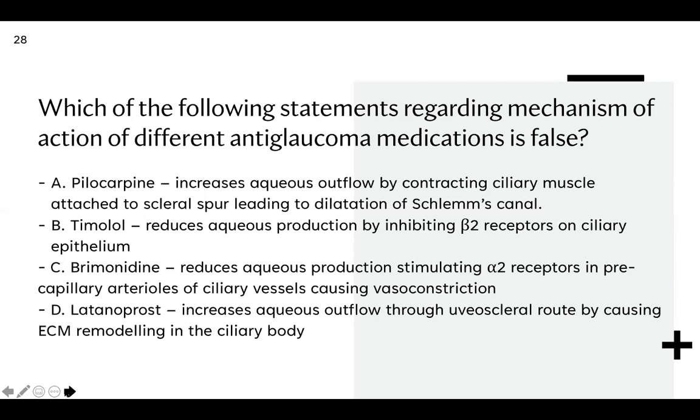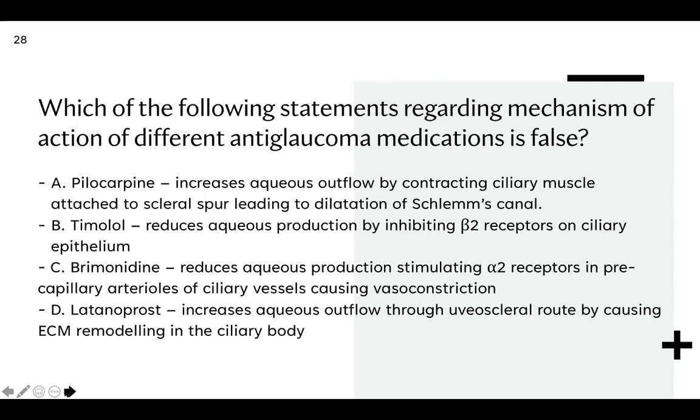Option B is timolol, which reduces the aqueous production by inhibiting beta-2 receptors on ciliary epithelium. C, brimonidine reduces the aqueous production by stimulating alpha-2 receptors in the precapillary arterioles of ciliary vessels, causing vasoconstriction. Option D is latanoprost, which increases aqueous outflow through the uveoscleral route by causing extracellular matrix remodeling in the ciliary body.